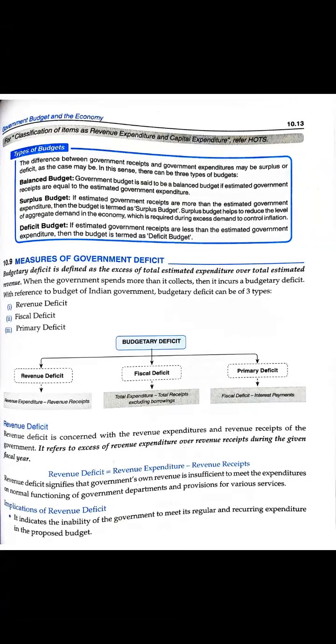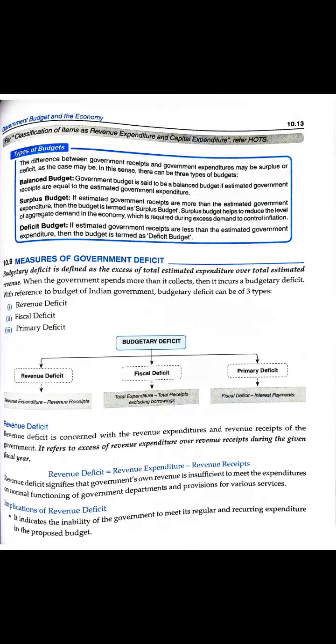So revenue receipts and capital receipts. Revenue expenditure and capital expenditure we have discussed. I hope you all remember those points. So the government can collect the revenue receipts based upon tax revenue and non-tax. Again, tax itself we can divide into direct tax and indirect tax. So these are the two sources of revenue.